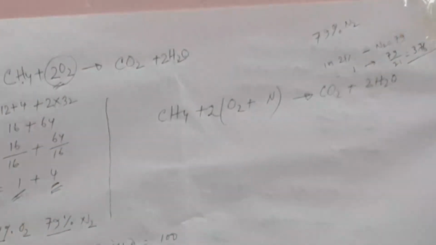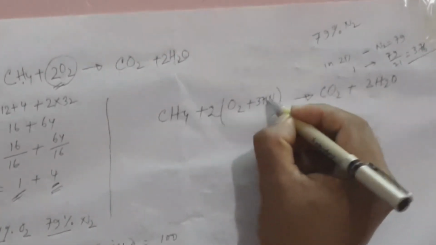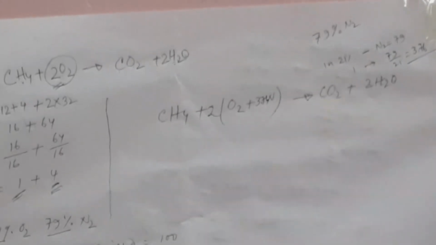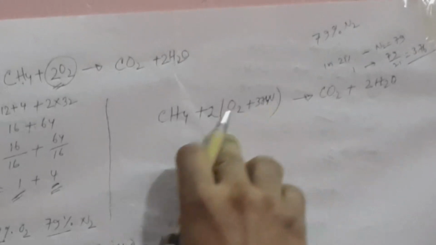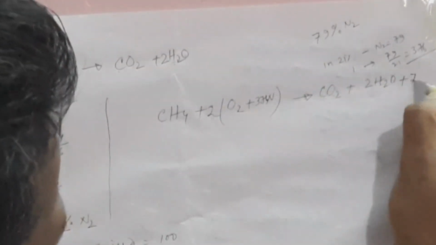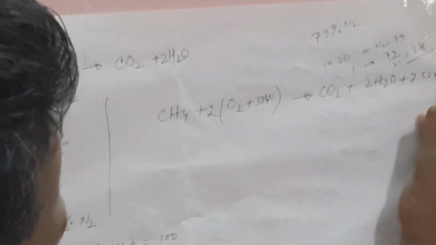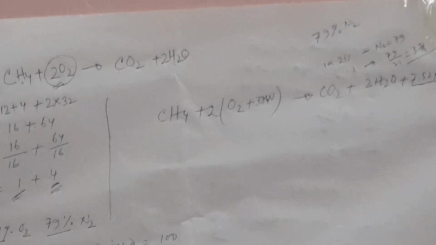So 3.76 nitrogen is available. Then in this reaction, 3.76 nitrogen is multiplied by 2, so 3.76 multiplied by 2 is 7.52. So 7.52 nitrogen will be produced, and it will not react, and it will go out into the atmosphere.